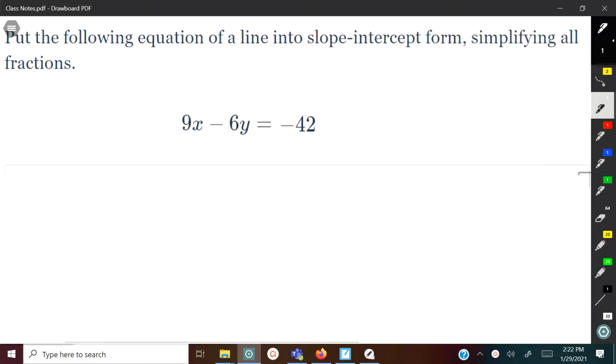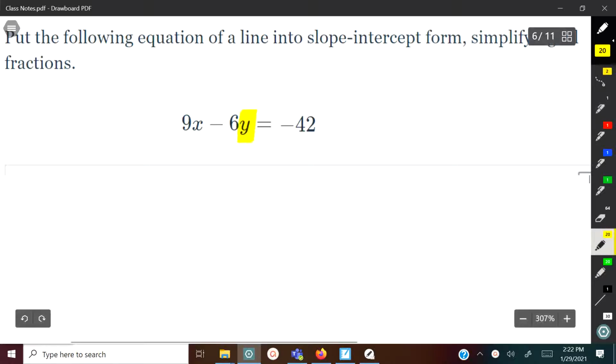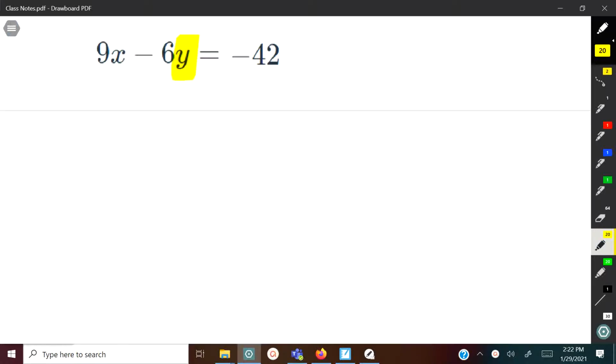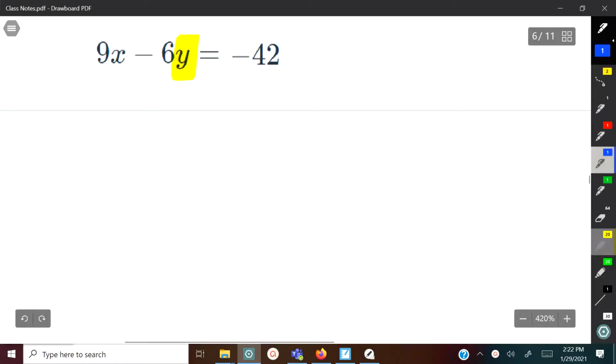All right, so here, same thing. We want to solve for y. We want to get the y by itself here. So I'm going to zoom in and solve for y. The first thing I'm going to do is subtract this 9x on both sides. And remember, you cannot combine these two.